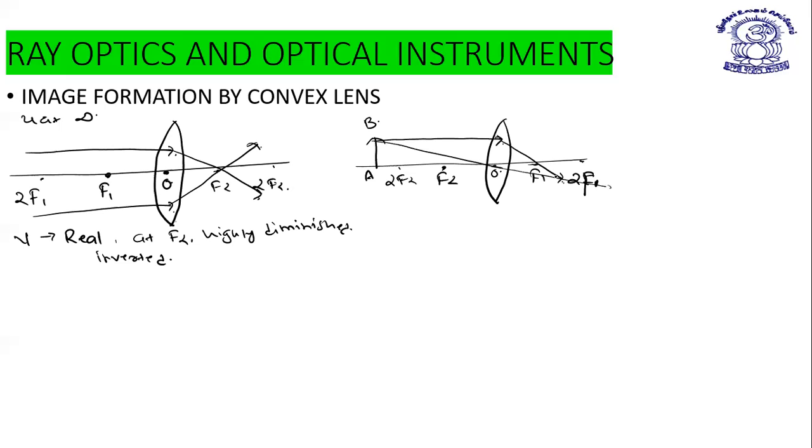It will go undeviated. These two refracted light rays intersect at a point between F1 and 2F1. So at this point, image of AB is created, that is A dash B dash. So if object is kept beyond 2F2, its image is formed between F1 and 2F1. Again, the image is real, inverted, and diminished.